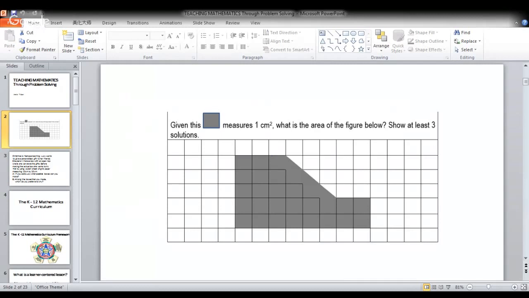So given this grid, it measures 1 square centimeter. Tell me what's the area of the figure and tell me how many solutions did you arrive at to get the same area?